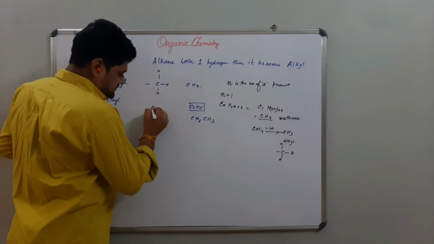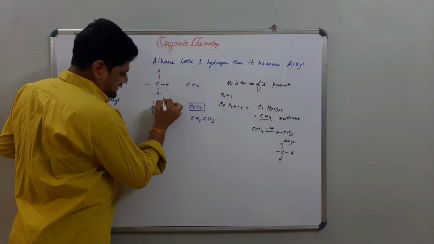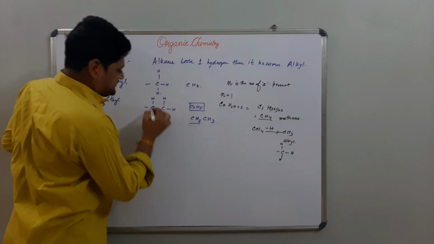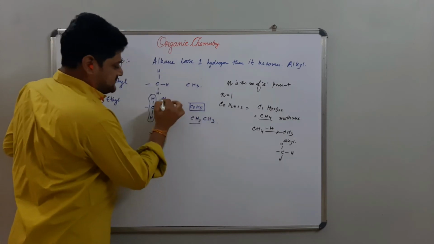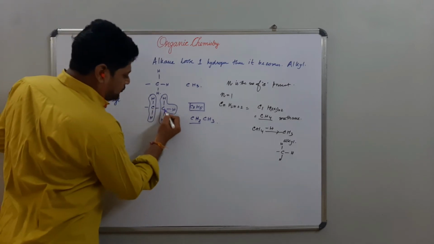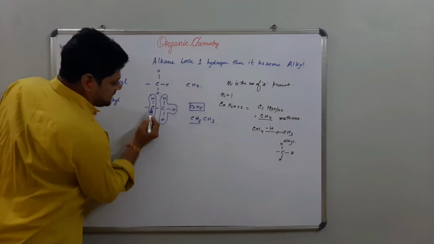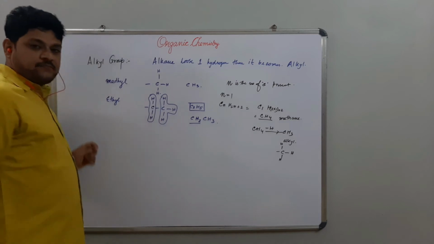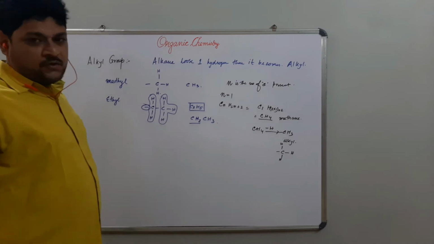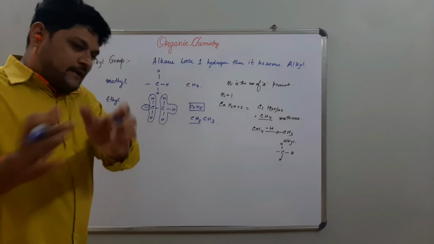So it becomes C, C, H, H, H, H, H, with one bond. This is CH2, this is CH3. Here the valency of carbon is 4: 1, 2, 3, 4. This carbon satisfies its valency. But the other carbon, 1, 2, 3, satisfies only 3 valencies, so we have to put one bond before it. It is waiting for some other group to attach to it.